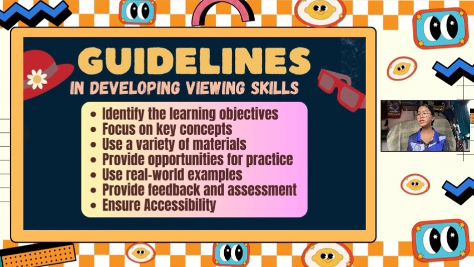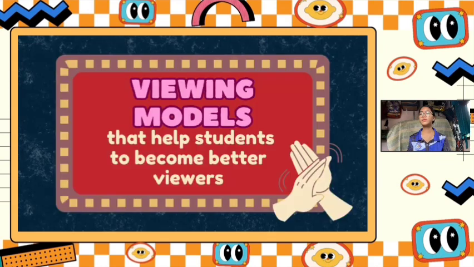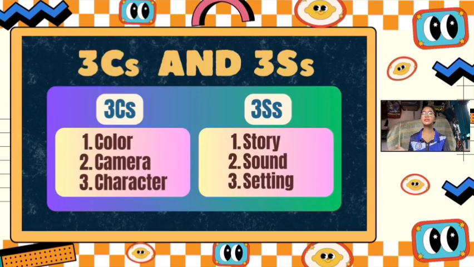All right. Now, since we're done with the guidelines, let's proceed to the viewing models that help students to become better viewers. We have first the 3 C's and 3 S's. This framework is used when films and videos are utilized in the learning process, which helps the student analyze the elements in the films. We have the 3 C's as the color, camera, and character.